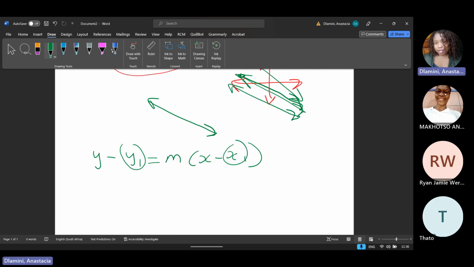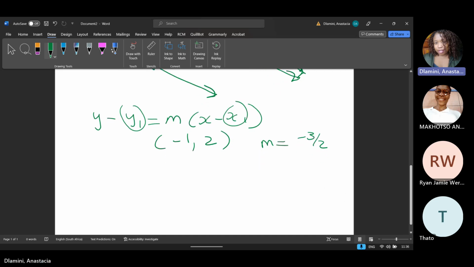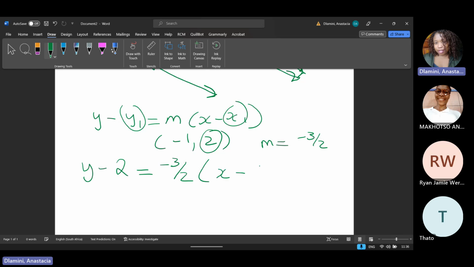So let's say we choose this point over here, -1, 2, right? We know that our m is equal to -3 over 2. So then we're going to substitute. So y minus, this is y1, so put 2 here. We know that our gradient is -3 over 2, x minus -1.